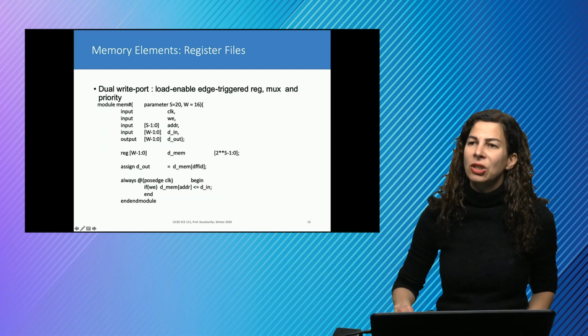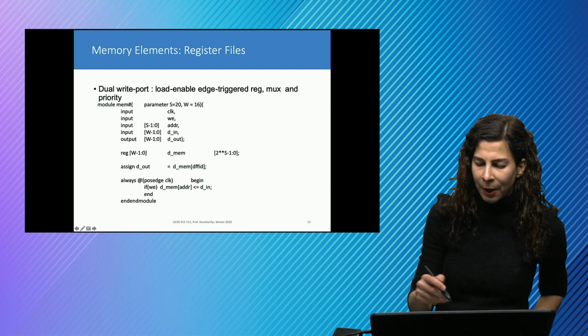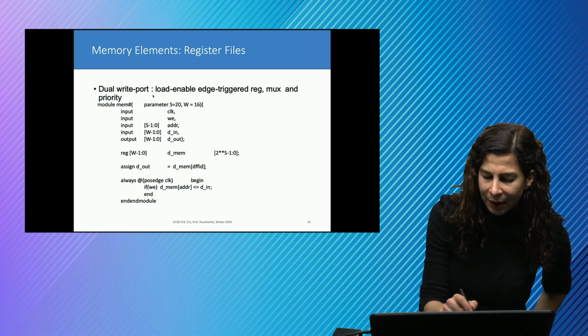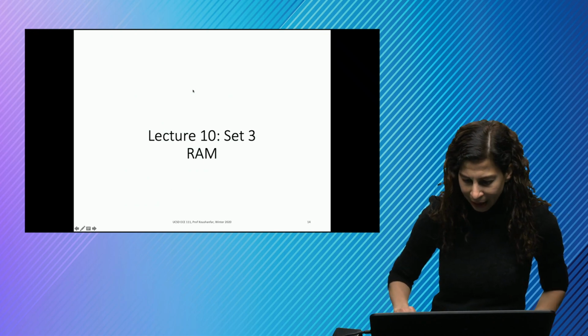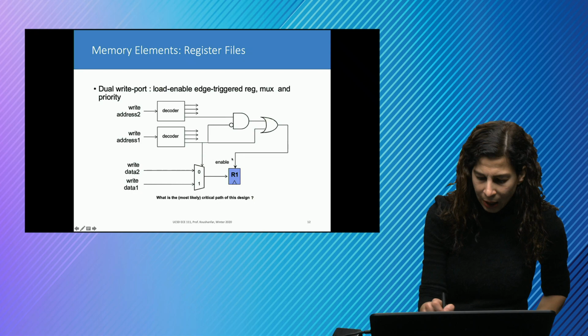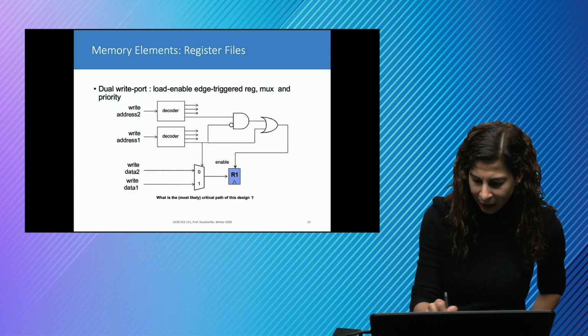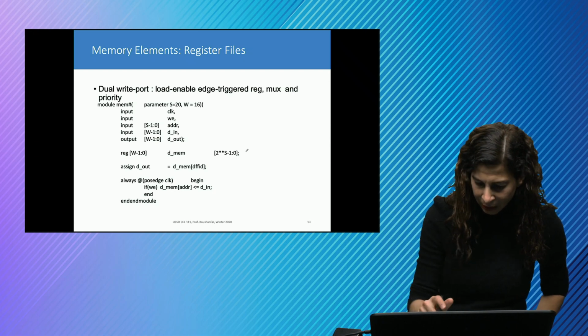And here's an instantiation for that example where we have a dual port. In this case, it's the enable signal as we just saw here. So we have the enable coming to that register.